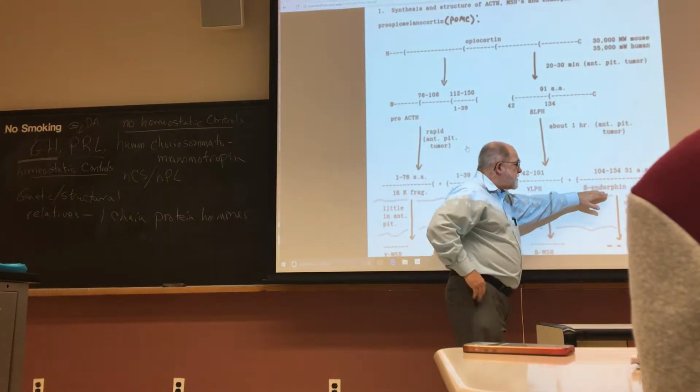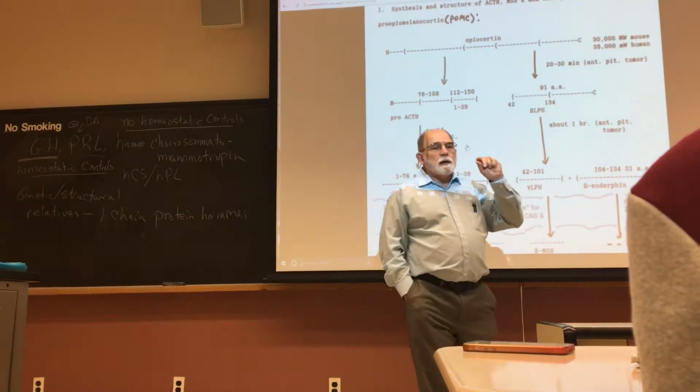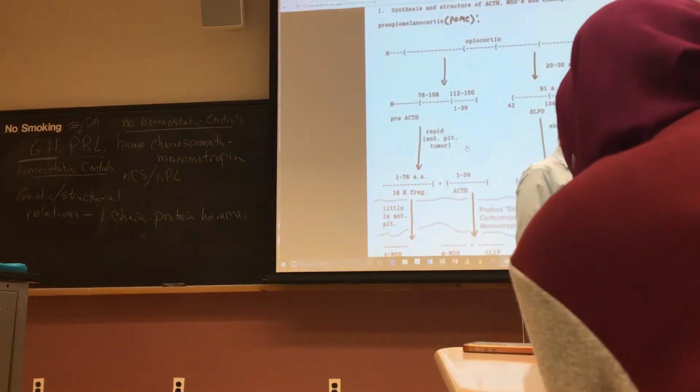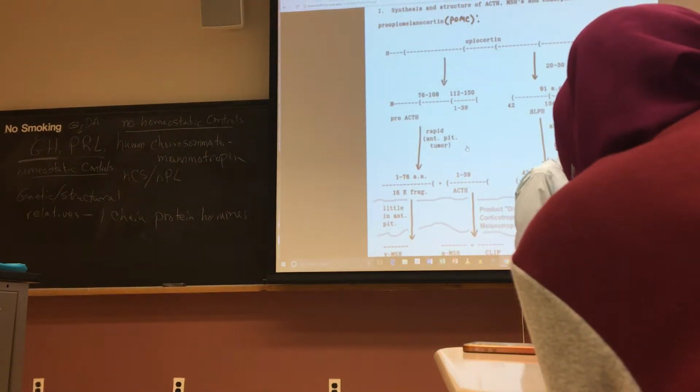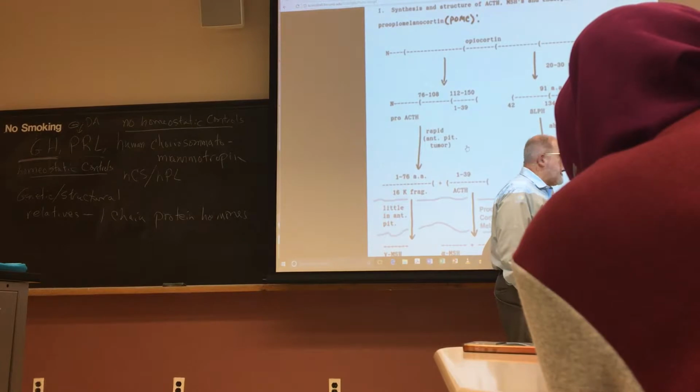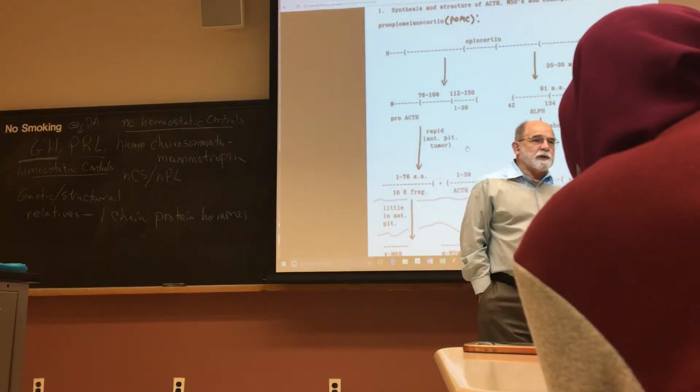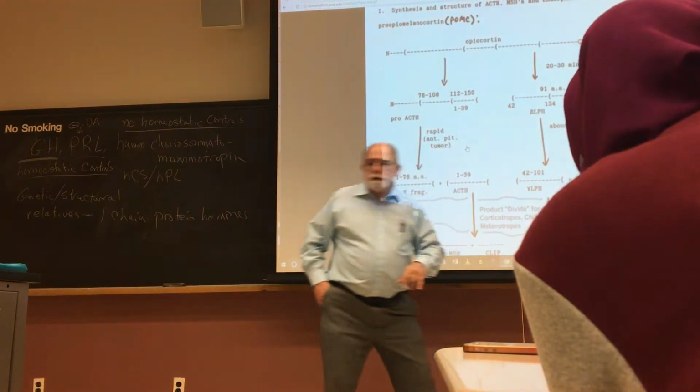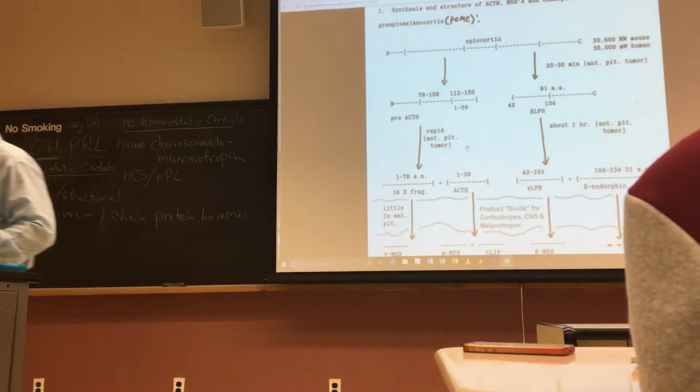So endogenous opiates, and indeed, opiate receptors, there are multiple opiate receptors, and they will bind beta endorphin, and a variety of other metabolites called enkephalins.